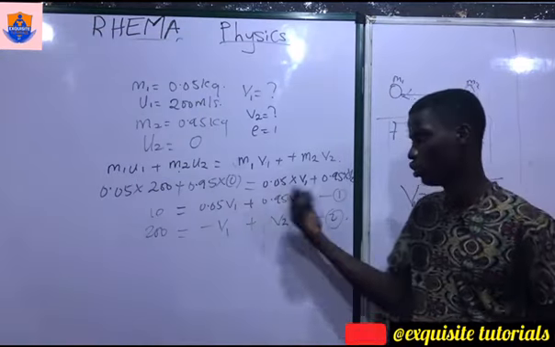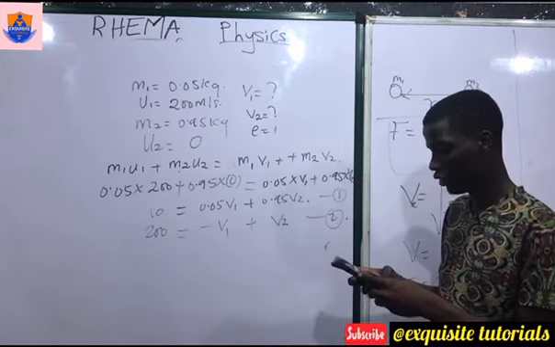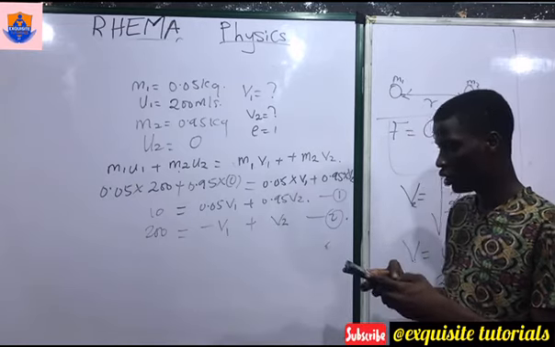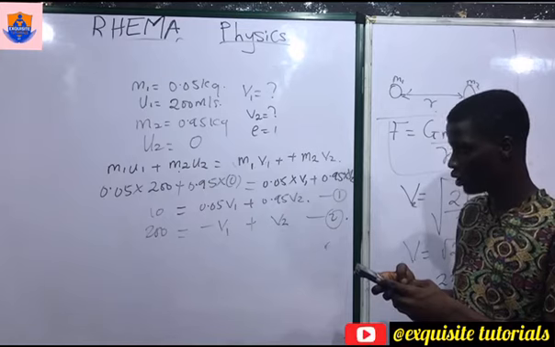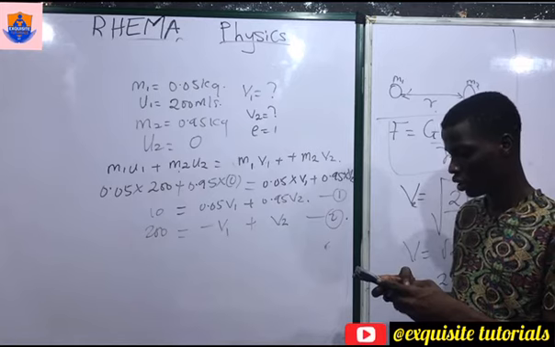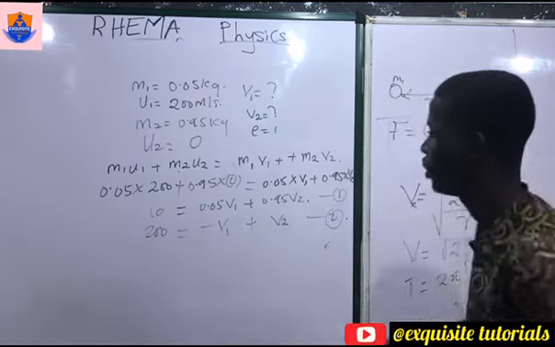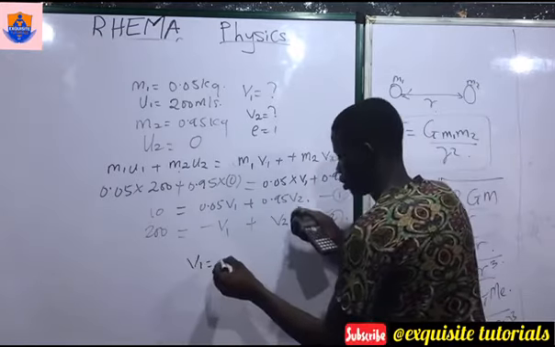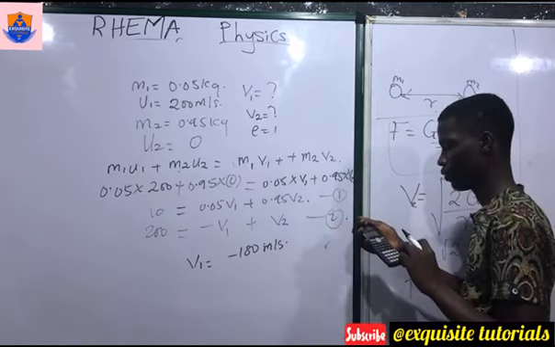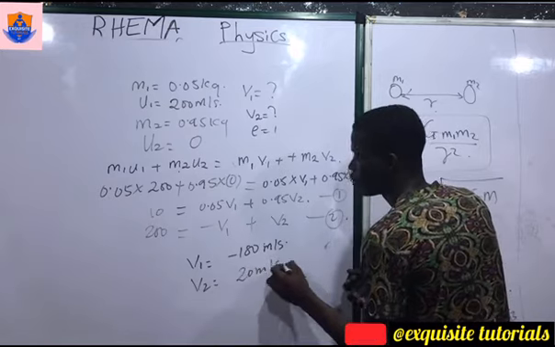But let me take you through this part. 0.05, our first value, 0.95, second value, 10, then the other one, minus 1, 1, and 200. When I solved it, my value for v1 was minus 180 meters per second, and my v2 was 20 meters per second.